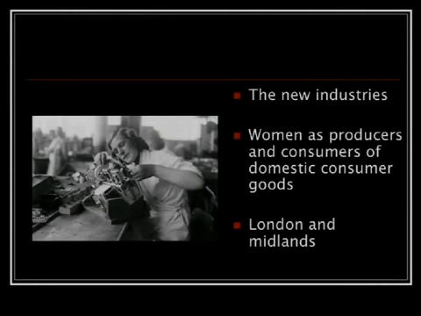Now, we don't have good figures in this, but it's estimated that there's something like 500,000 to 750,000 women working in these new industries. That's a tiny fraction of the total population of working women, which was about 6 million. That is probably about an eighth.